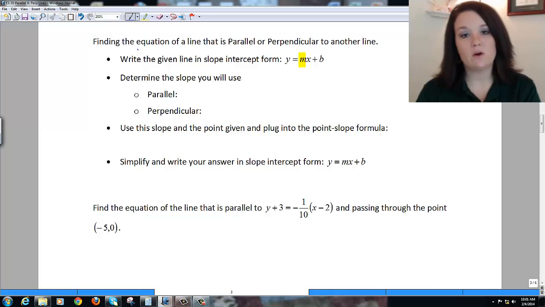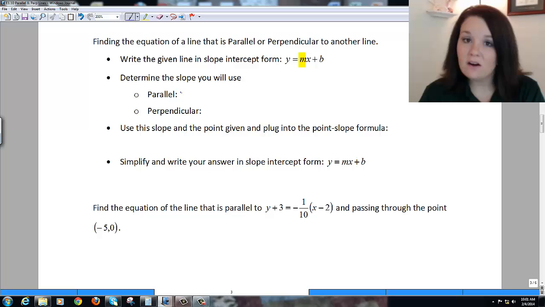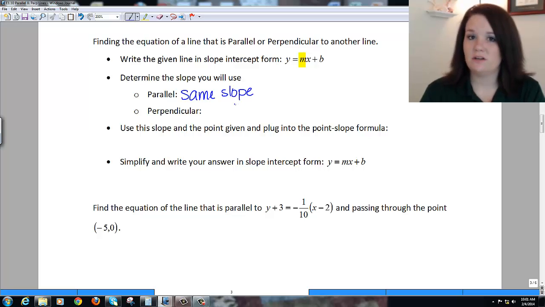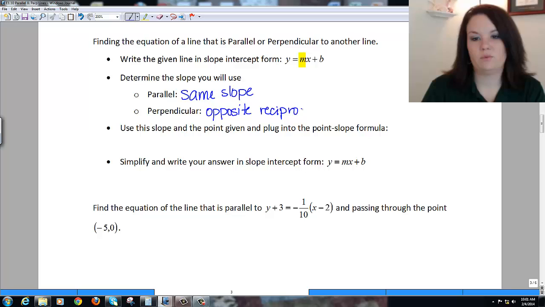Okay, once we know the slope of that line, if we want a line that's parallel to that one, then we use the same slope. If we want an equation of a line that's perpendicular to the line that they gave us, then we use the opposite reciprocal slope.